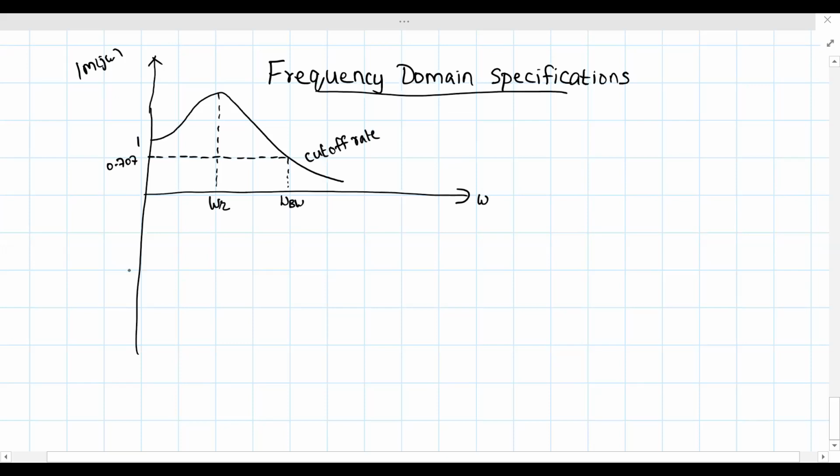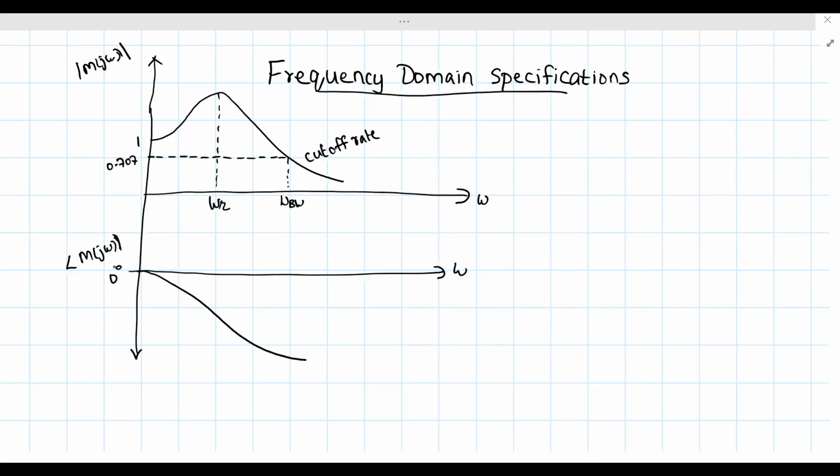Similarly, if you draw the angle characteristics, this is angle M(j omega), and it will be something like this. So now we will try to define some frequency domain specifications. We will keep this figure in mind.